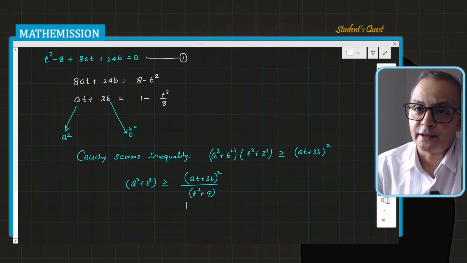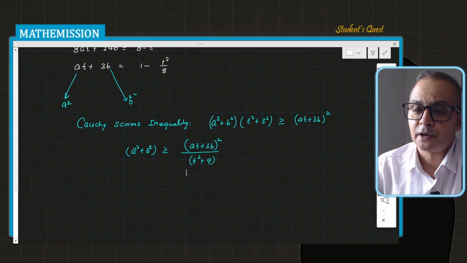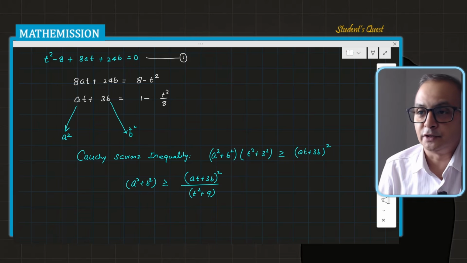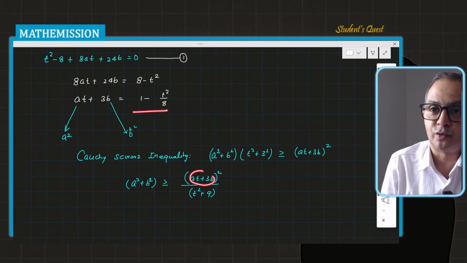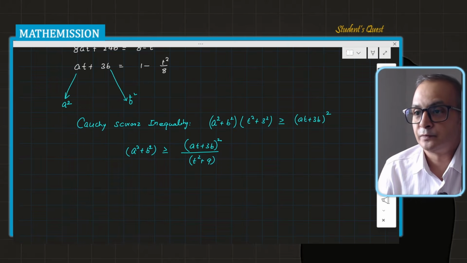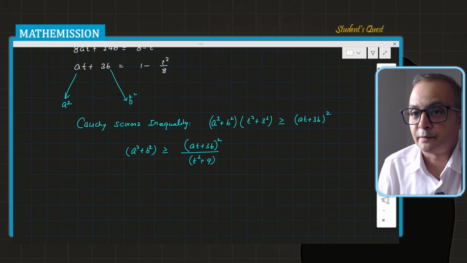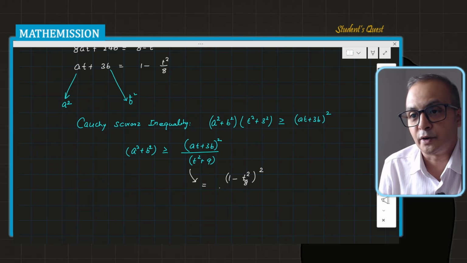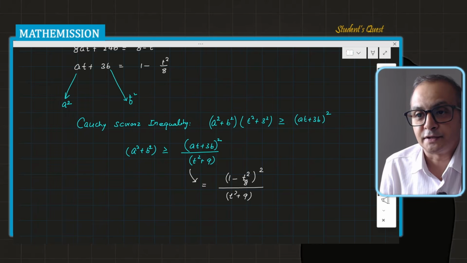Now you notice one thing, that I have to find the minimum value of this quantity, and I already have the at plus 3b value given, which is 1 minus t square by 8. So let's substitute it. This is going to be 1 minus t square by 8 the whole square divided by t square plus 9.